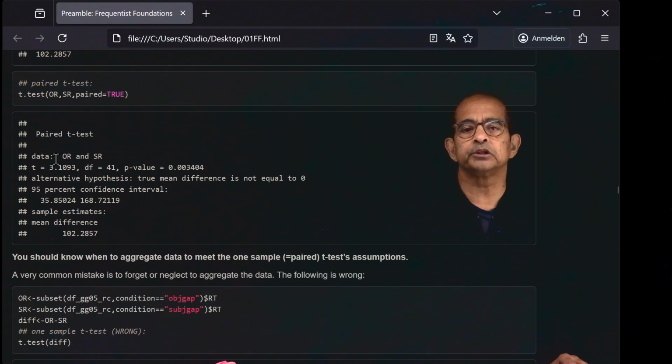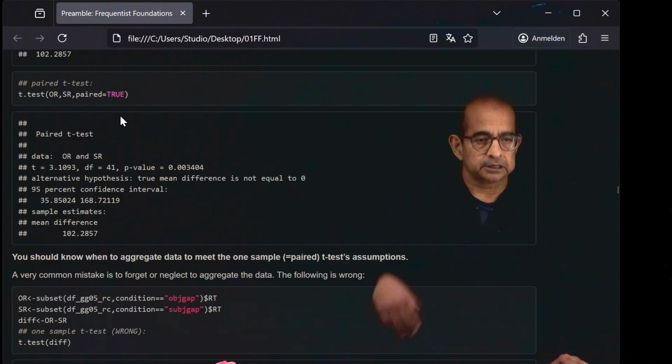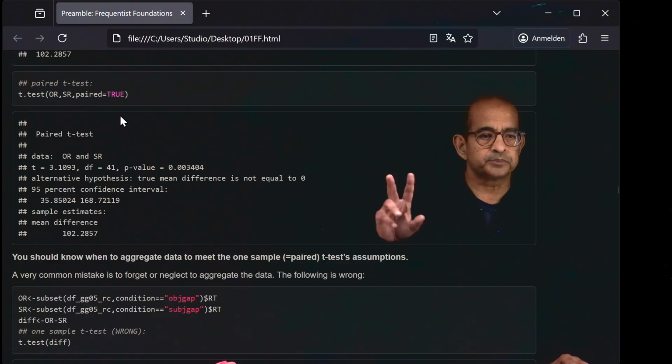So here we are running a paired t-test where we don't put in just one difference score vector. We have a vector for the object relative reading times and a vector for the subject relative reading times. So the subtraction is done internally by the t.test function. When you specify paired equal to true, the t.test function knows that this is paired data.